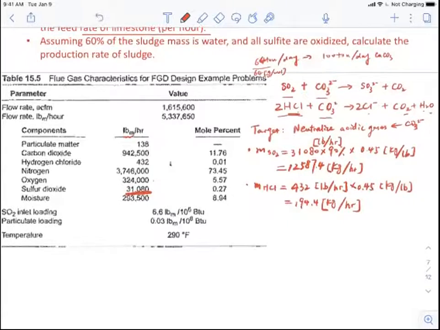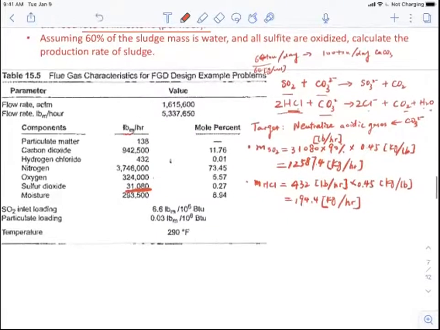So now with the mass of the sulfur dioxide and the mass of the hydrogen chloride, we can find out the molar flow rate of the sulfur dioxide and the hydrogen chloride. You can directly use the mass flow rate divided by the molecular weight of the sulfur dioxide.